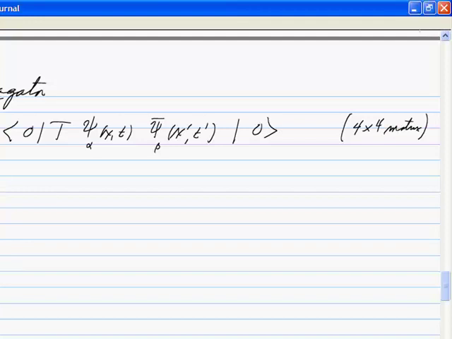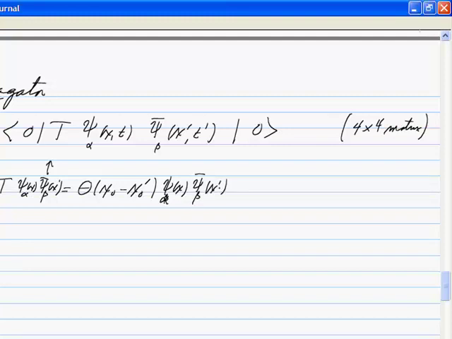The other wrinkle is that time ordering is slightly different. Time ordering of psi alpha, psi bar beta is, let's make this x prime. If x is bigger than x prime, it's the usual ordering.